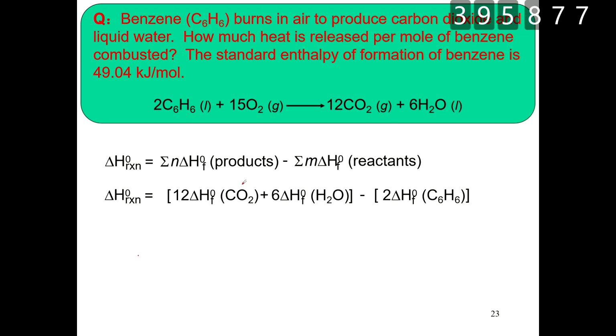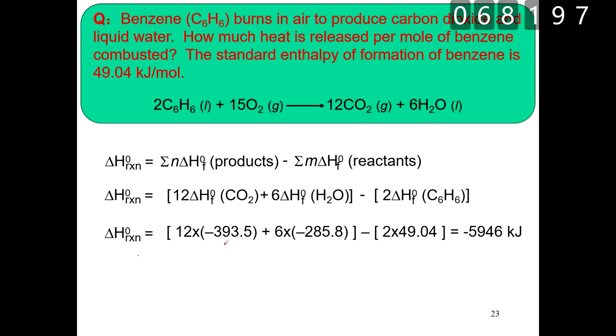Because the unit of the standard enthalpy of formation is per mole, 1 mole, but here it's 12 moles, so you must multiply by 12, and this one should become 6. And here it should be 2, and this is 0, the standard state. Then you can find these values from the table, and finally get the standard enthalpy of the reaction. Okay, any questions about this?